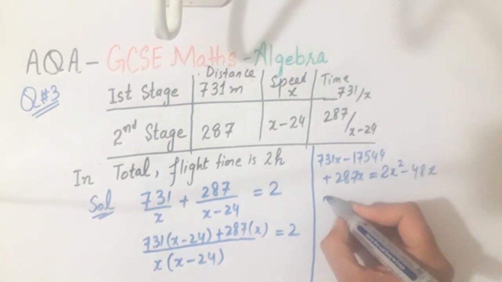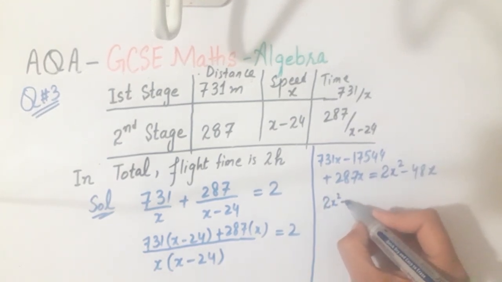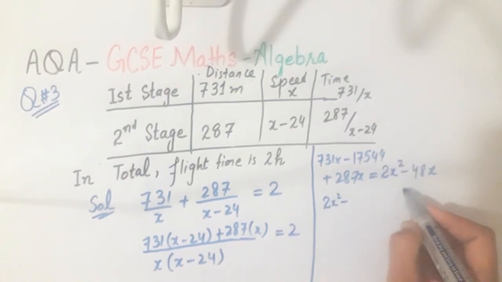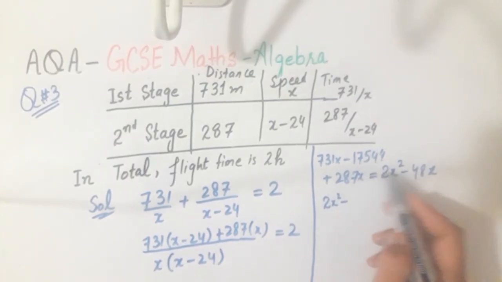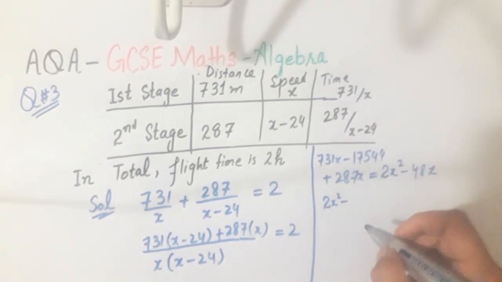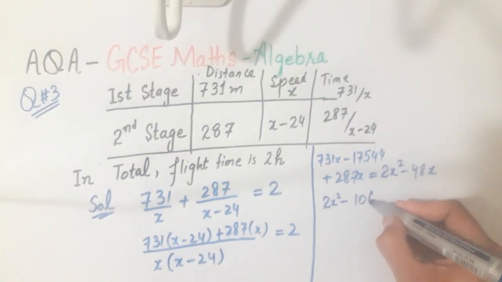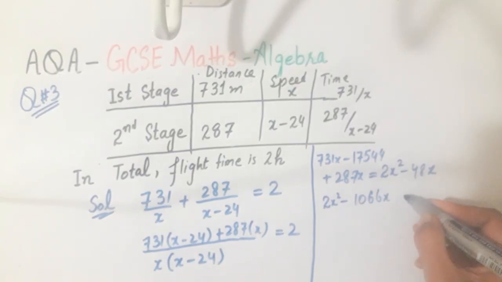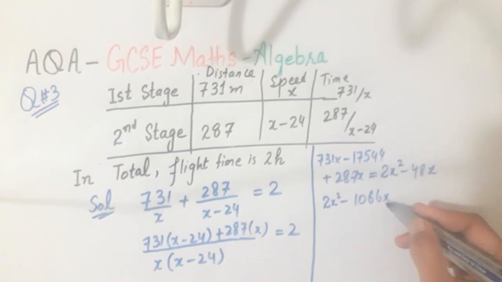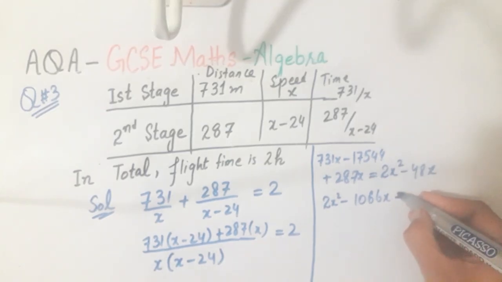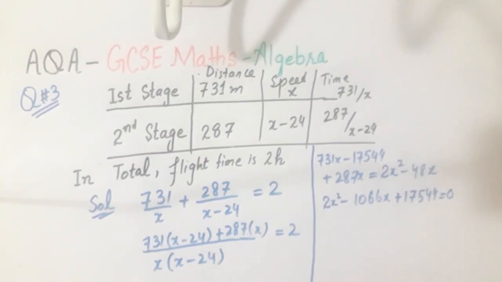Now we get 2x square minus, when we add 731 and 287, 1066x, because it goes to this side and is subtracted, plus 17544 equals 0. So we can take 2 as common.